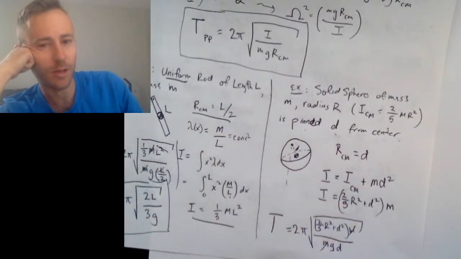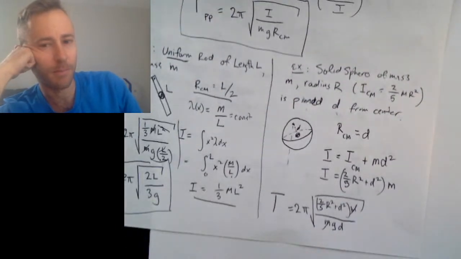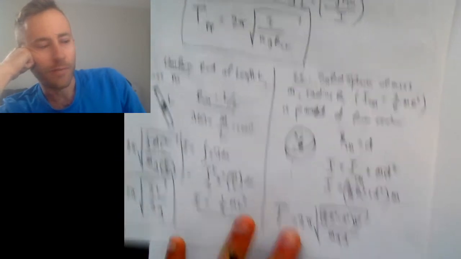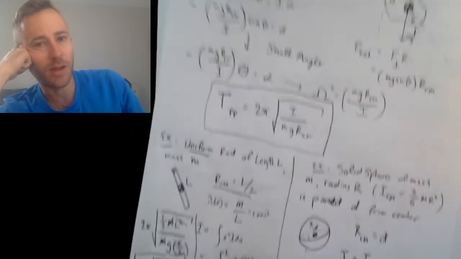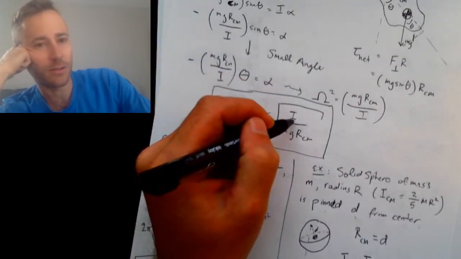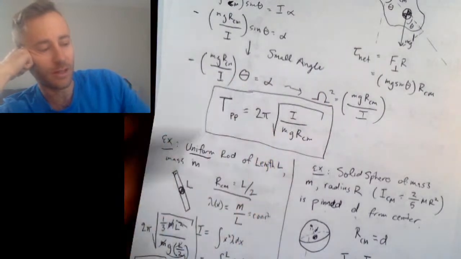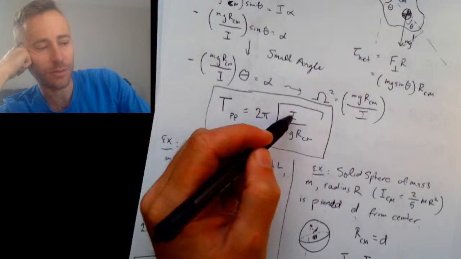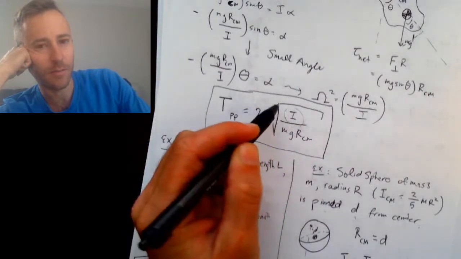So that's going to be my answer. I'm not going to write it again. So, important point: sometimes you may have to calculate this inertia, either by doing an integral or by using the parallel axis theorem. So be aware of that.